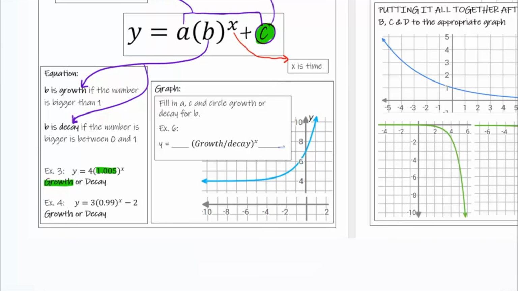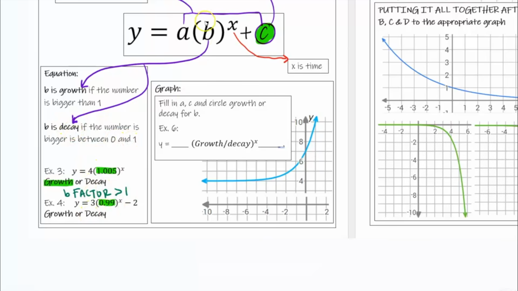So I want you to say factor, and you want to use this word because I want you to get used to it. The b factor, if it's growth, must be bigger than 1. And again, yours might be different. Okay, so just do it based on your question. All right, looking at this one, just the b factor right there. b is between 0 and 1, which means it is decay.